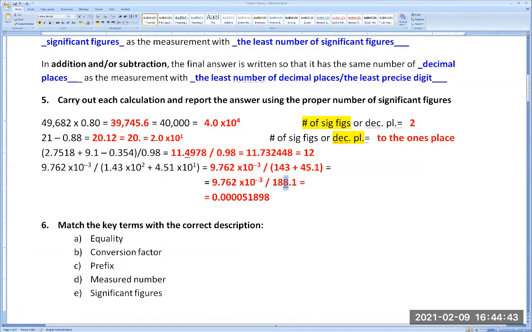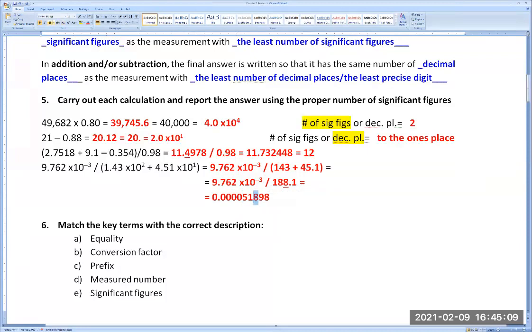And here, if we were to round at 188, we would have 3 sig figs. And here we have 4 sig figs. So the least number of sig figs is 3. So we need to keep 3. All these zeros to the left are not significant. So you start counting from the 5, 1, 8. That's 3 sig figs.